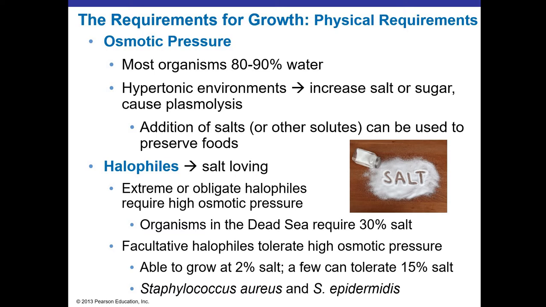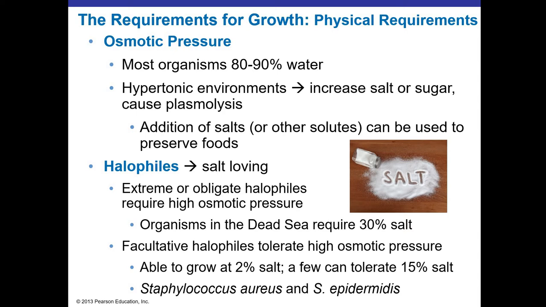Here we see that some bacteria are halophiles. Halophiles means salt-loving, and we have both extreme or obligate halophiles that require an extremely high osmotic pressure. These are only found out in the environment, and so a great example is the Dead Sea. Bacteria that grow in the Dead Sea may actually require up to 30% salt.